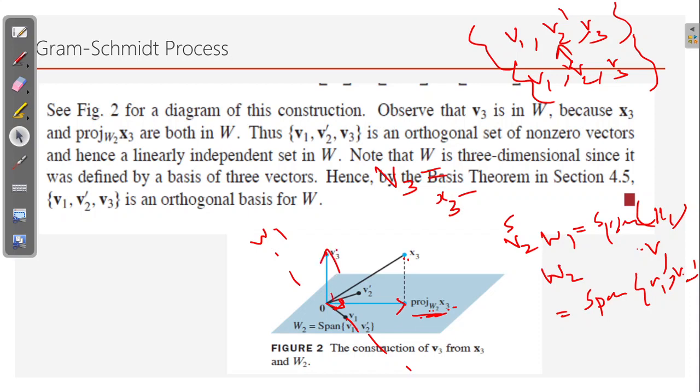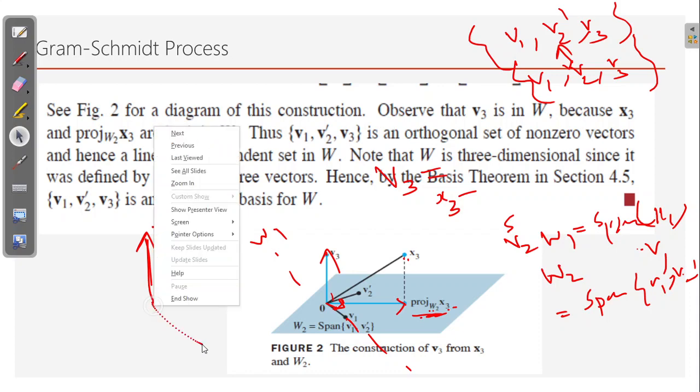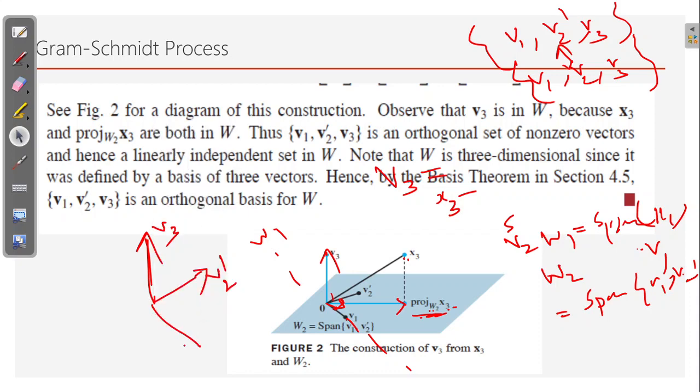And this vector V3, vector V2 dash or V2, and this V1 vector, all these vectors are orthogonal to each other, because V1 and V2 dash vectors are in the W2 plane, and this V3 vector is perpendicular to this W2 plane.